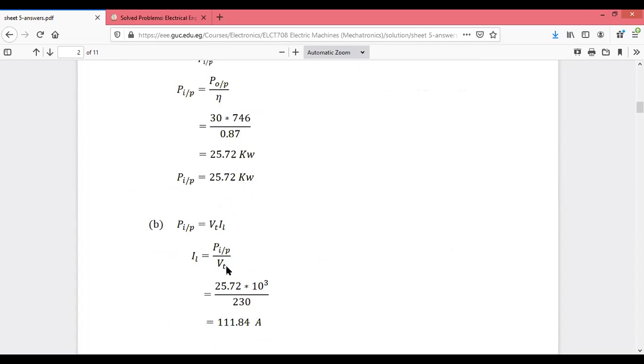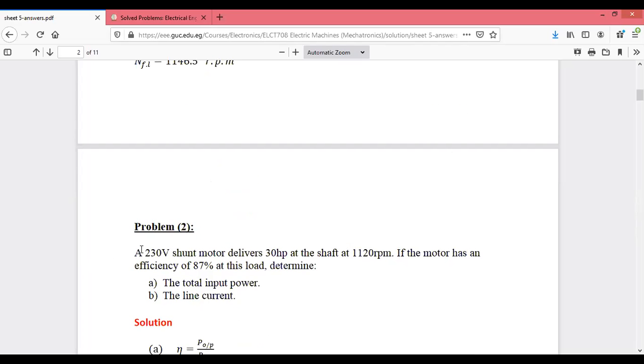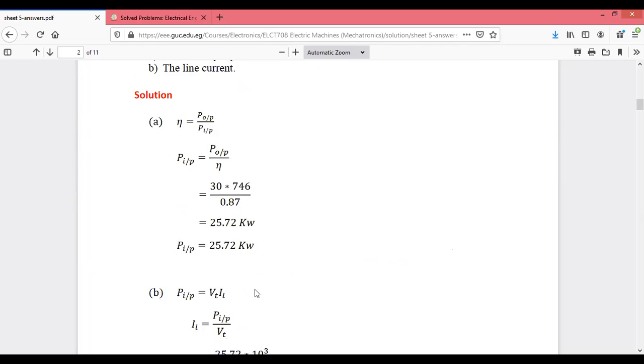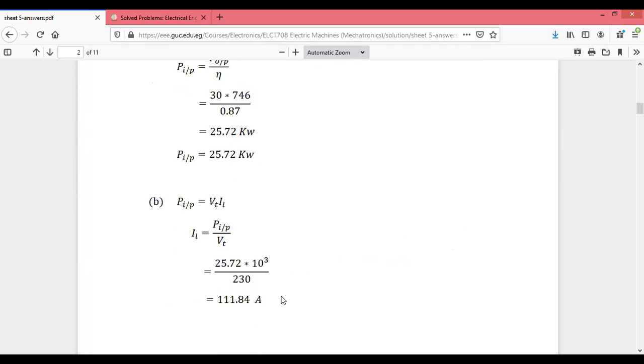So you can write power as 25.72 into 10 raised to 3, upon the input voltage. They have given total voltage as 230 volt. So you can take that as 230 volt, and if you solve, you will get 111.84 ampere.